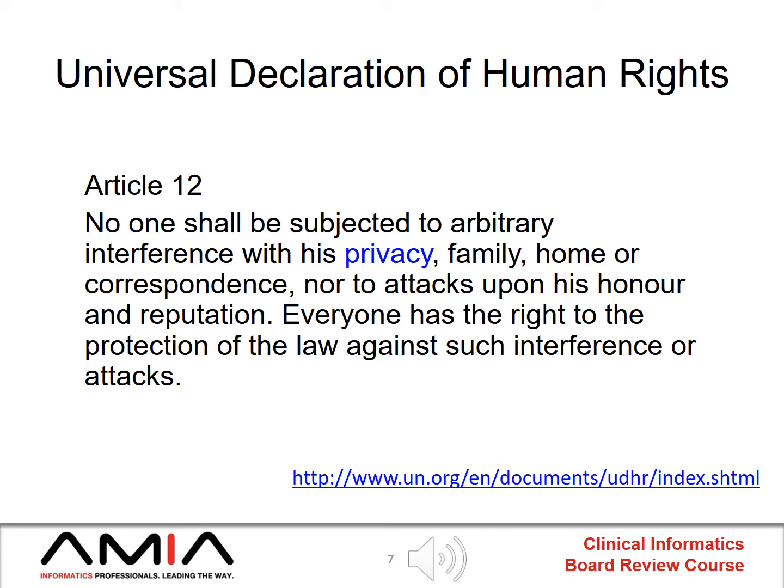And the basic idea is that maintaining privacy and protecting private information is regarded to be a fundamental human right.